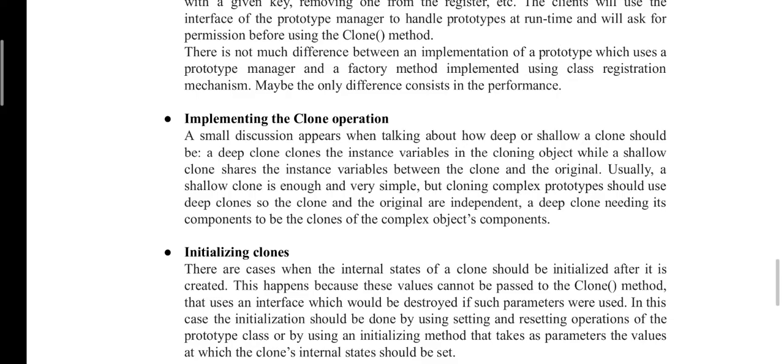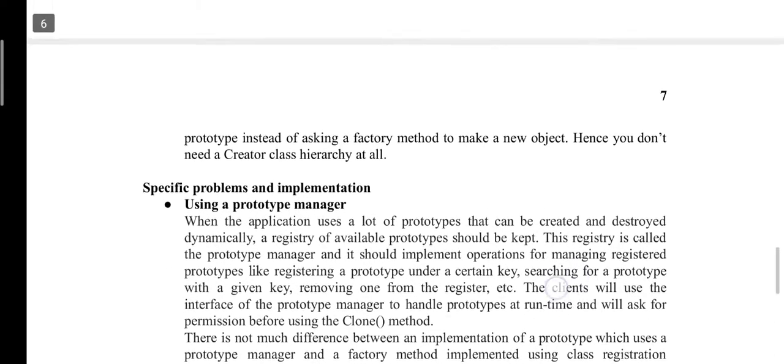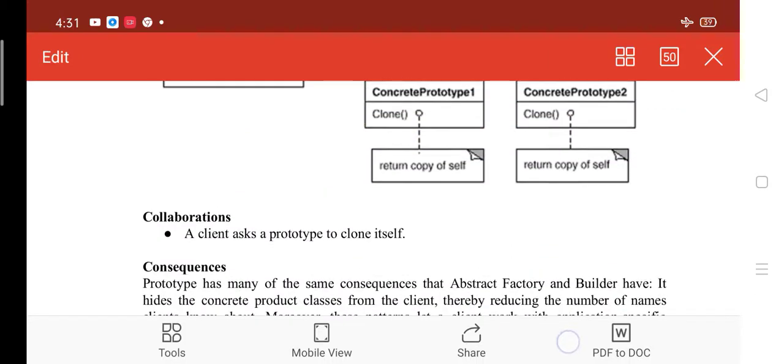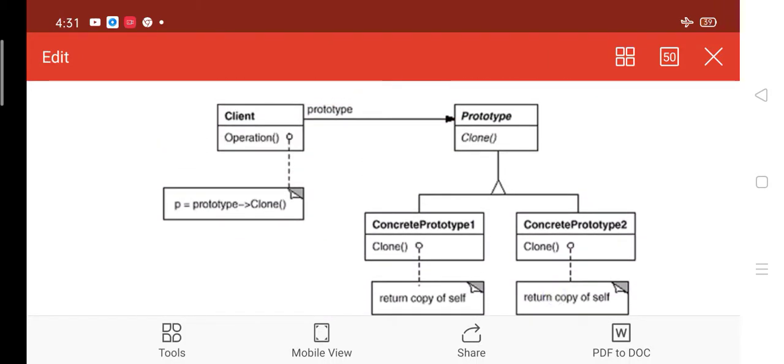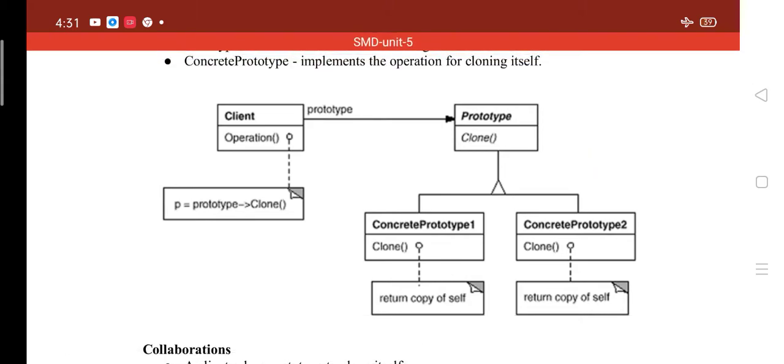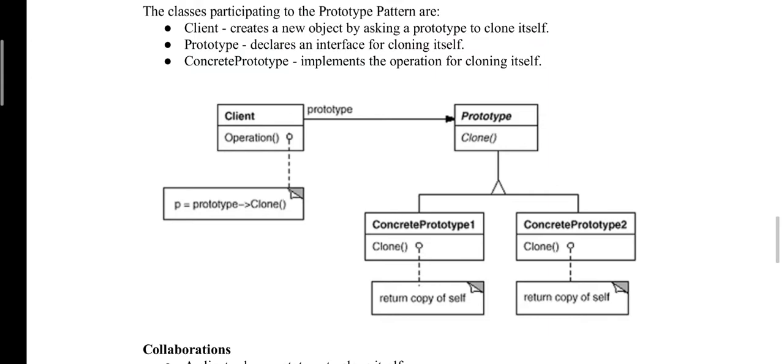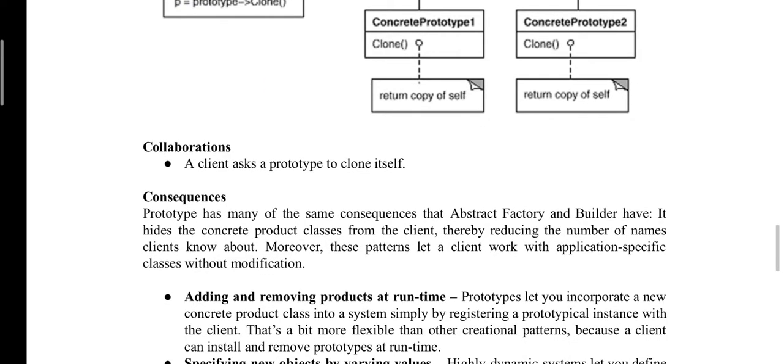Next, we have seen the structure of the prototype design pattern, in which there is the client class, the prototype class, and the concrete prototype class. The client collaborates with the prototype class. The prototype class clones itself, the client creates a new object by asking the prototype to clone itself, and the concrete prototype actually performs the cloning operation. Okay, we have seen all this.